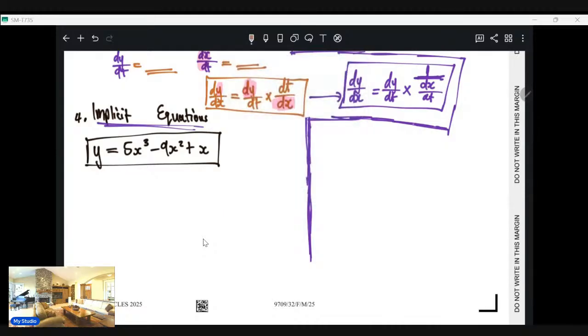For example, if you have something that says y squared minus 5xy plus y cubed x squared, whatever, this is equal to 0.